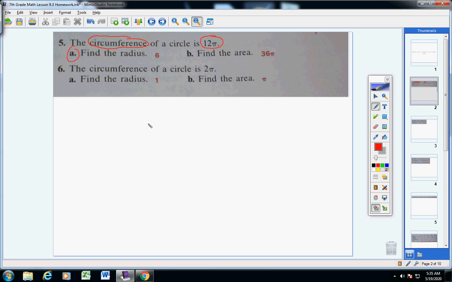Now, guys, look. There are 2 formulas I've given you for circumference. One is 2 pi r, and the other one is pi d, okay? Guys, I do not care which one you use, okay?